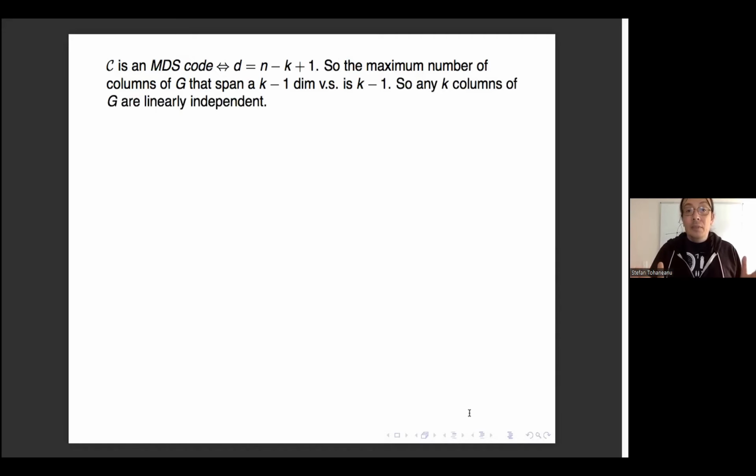Well, that's exactly that any k of the linear forms dual to the columns of G are linearly independent, which is exactly that hyperplane arrangement that helps define a star configuration.